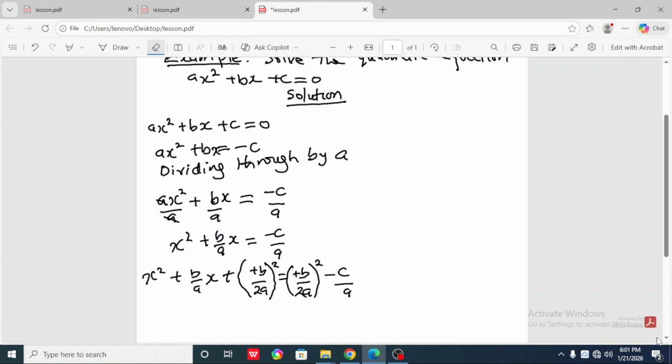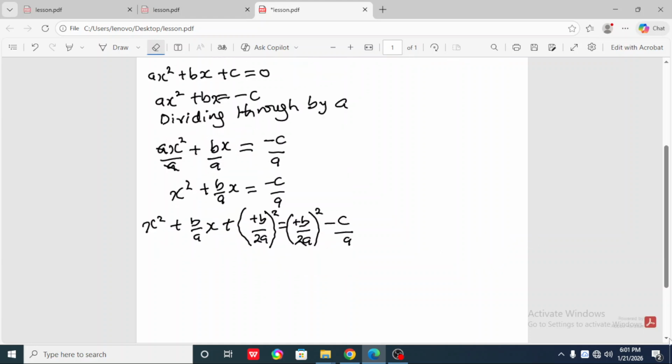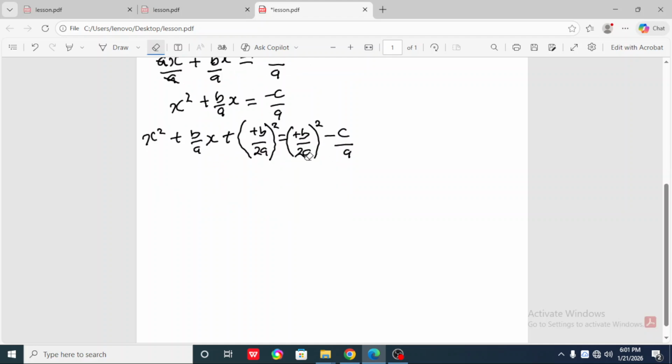Okay, so the next thing we are going to do after you have added to both sides, at this side of the equation you are going to pick those terms that are square, put them in bracket and square them together. So x is squared, I'm going to pick x, they will be in bracket. Let me open the bracket.